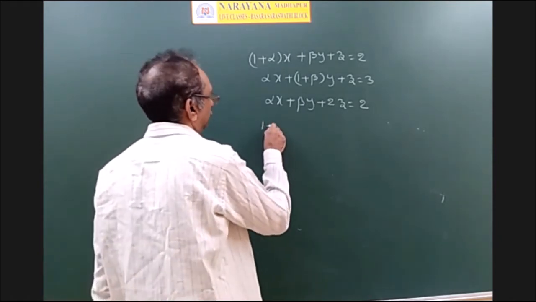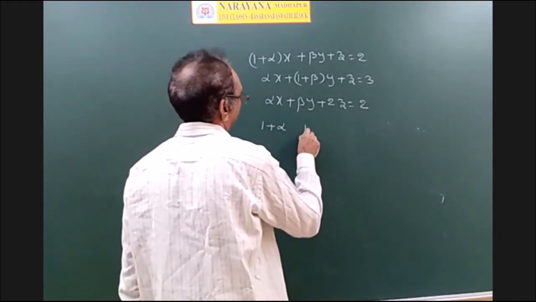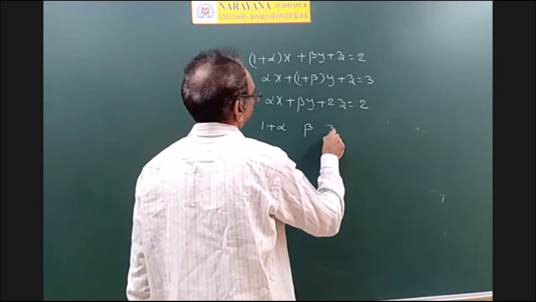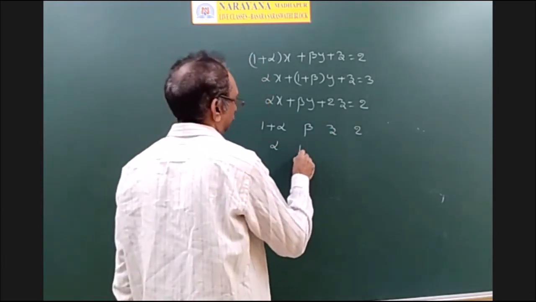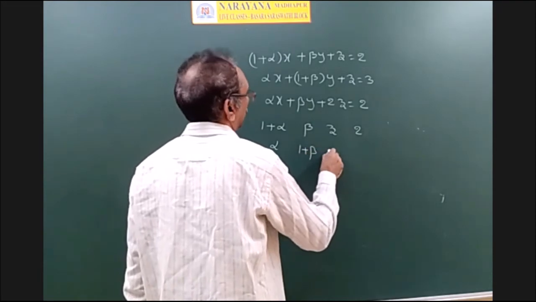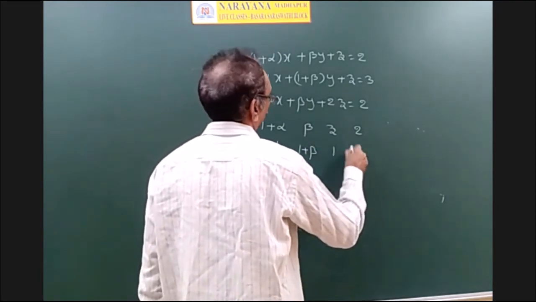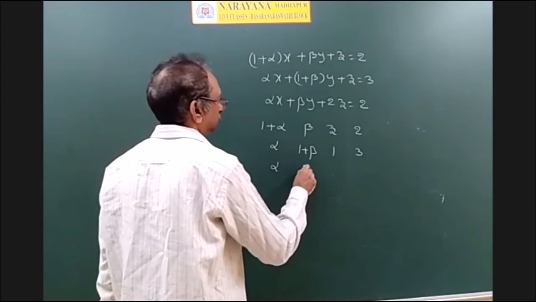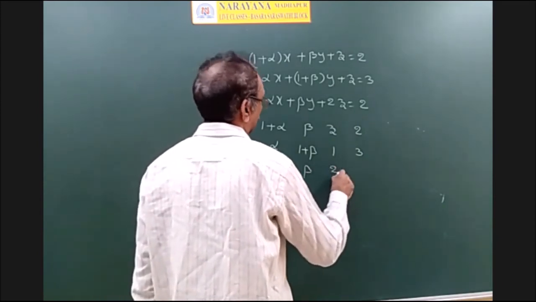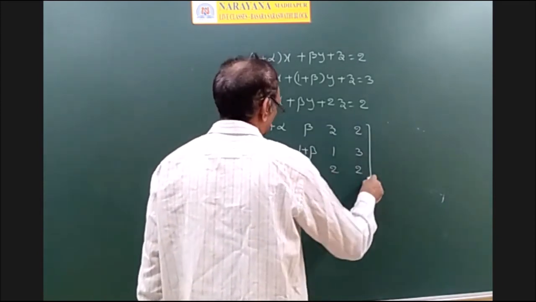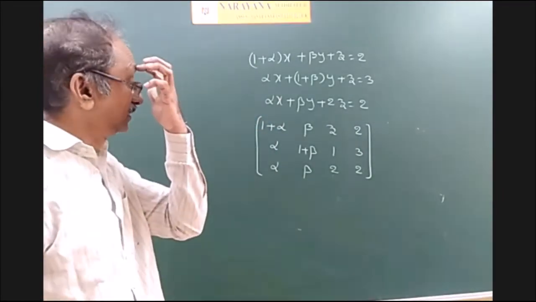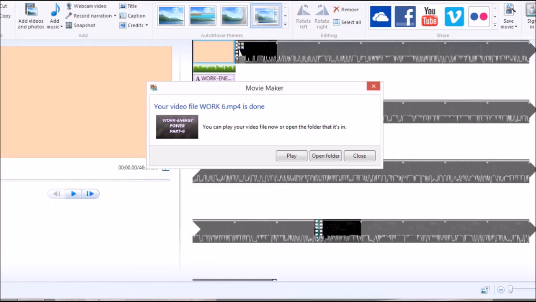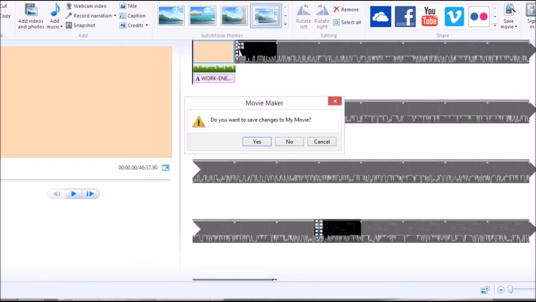See, 1 plus alpha, beta, 1, 2; alpha, 1 plus beta, 1, 3; and alpha, beta, 2, 2. So this is the augmented matrix. It should have a unique solution.